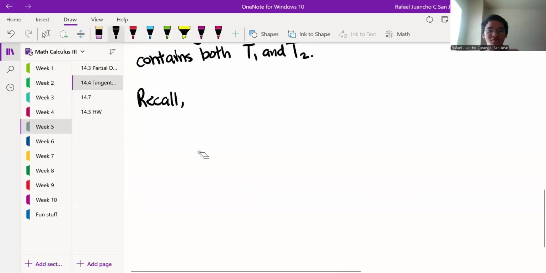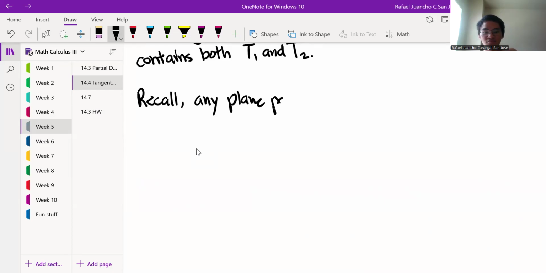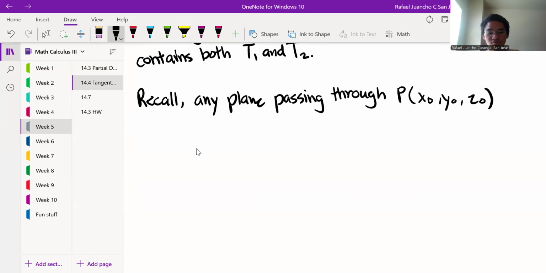Okay, so recall, any plane, whether that's tangent or just a regular piece of plane, any plane that passes through some point, I don't know what point that is, has an equation.